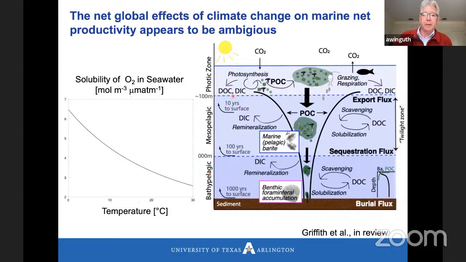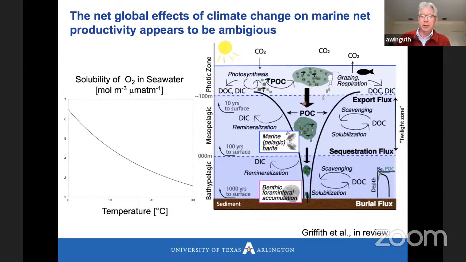And then shown here from Liz Griffith, in a paper currently in review, is the biological soft tissue pump, where photosynthesis generates particulate organic carbon. It's also created by grazers in the form of fecal pellets, and is also somehow decomposed by these grazers.